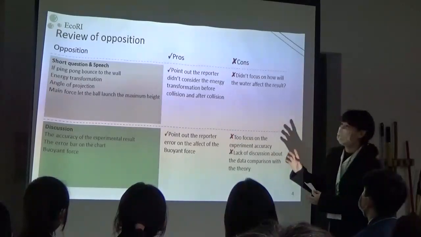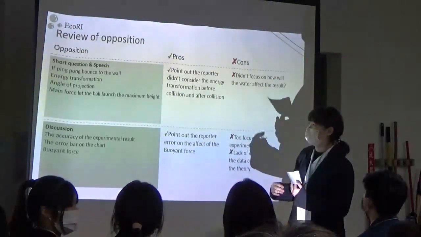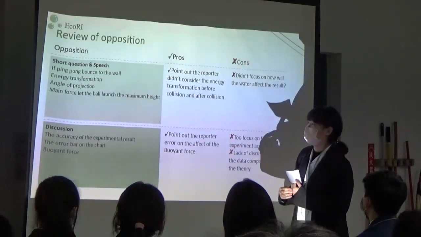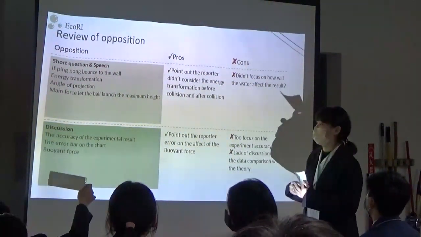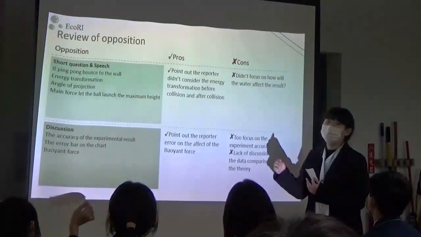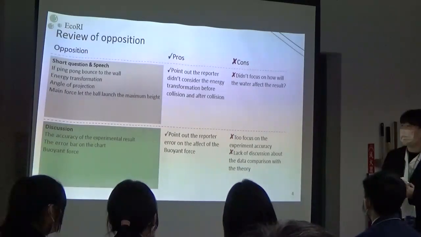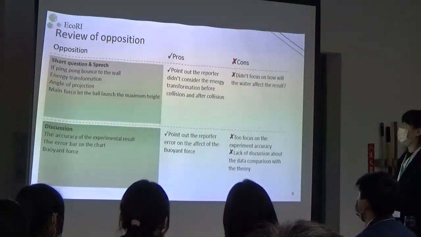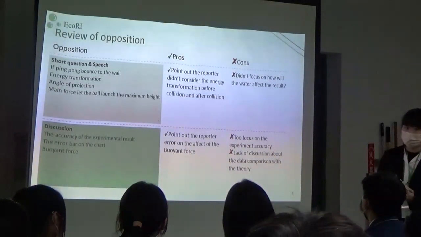And then the overall part of the section, where the initial question is being talked about, is the number of the wall, the angle transformation, and the angle of projection, and then the natural height. And he correctly pointed out the reporter didn't consider the energy transformation between before and after the collision. And he said the reporter didn't focus on how the water affects the result.